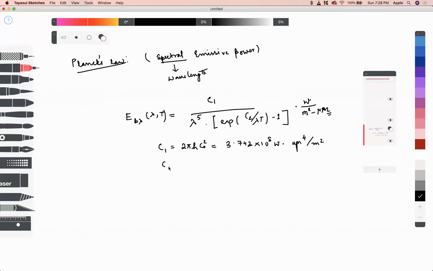And C2 is h C naught over k, where h and C naught are Planck's constant and the speed of light. It is 1.439, as far as I can recall, into 10 raised to 4, or 1.5 also you can take, not an issue, micrometer Kelvin.